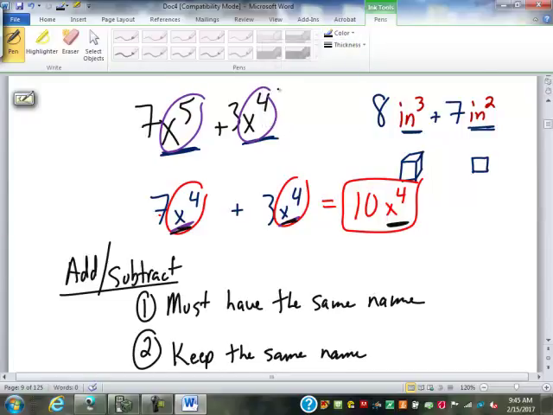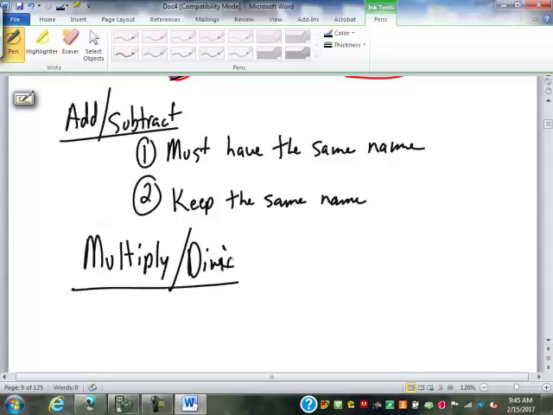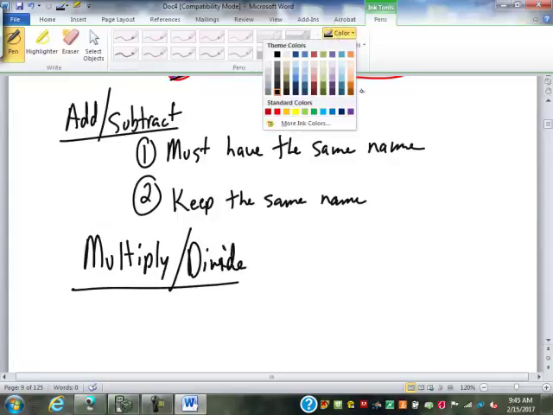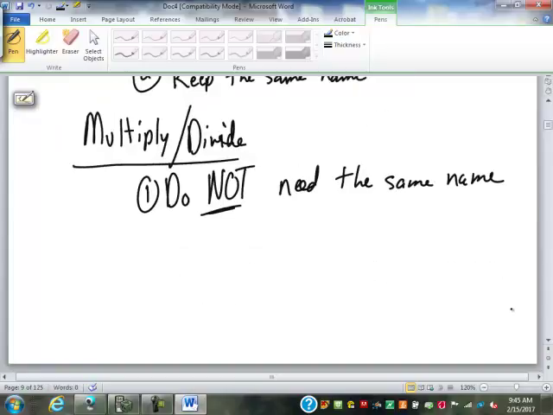When we multiply or divide, our rules are, 1, we do not need the same name. That is why we're able to take something like x to the 7th and multiply by x to the 3rd.